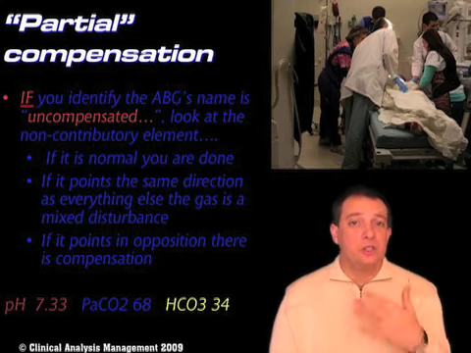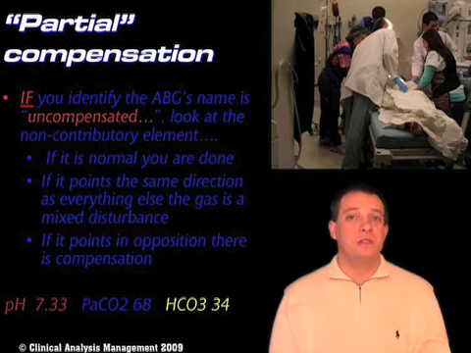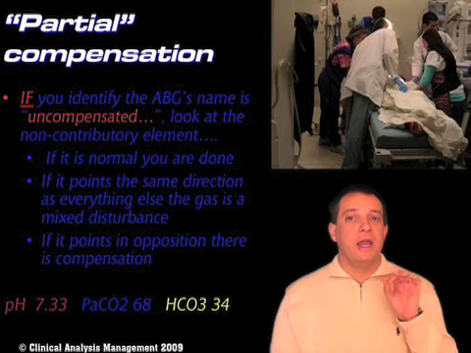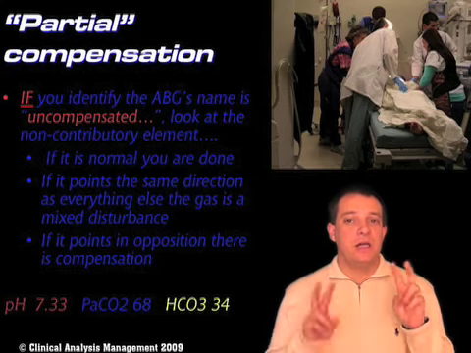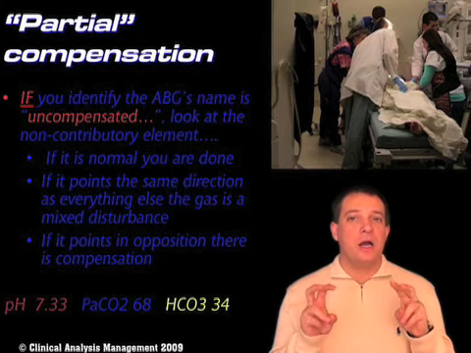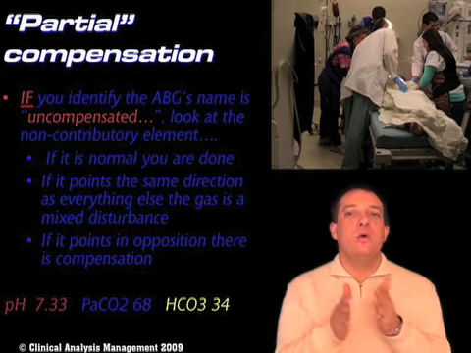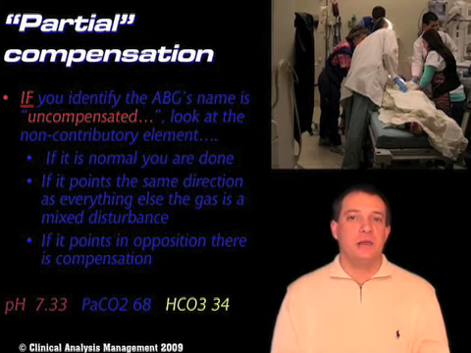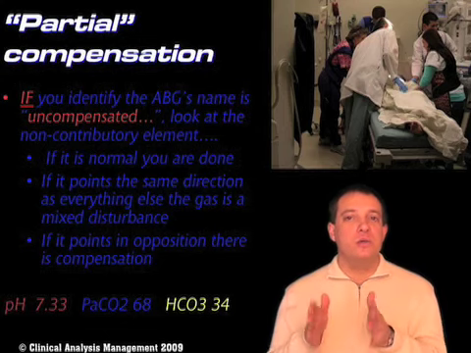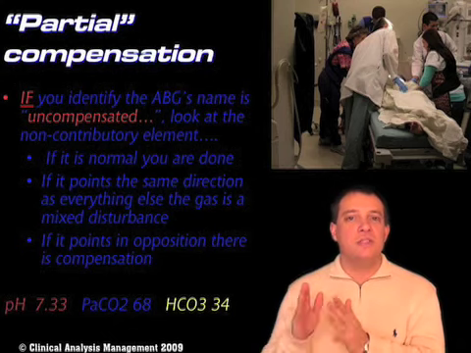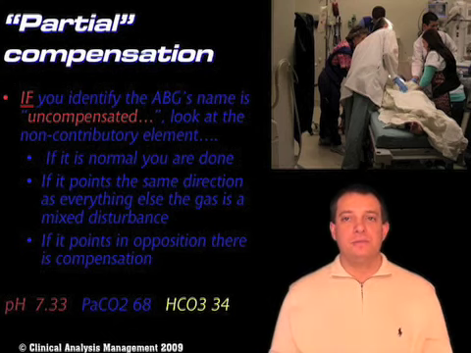So they will have a partially compensated respiratory acidosis, and the treatment for that is going to be a little bit different. So it's really important that we identify, in the patient who initially has an uncompensated disturbance, is it truly uncompensated or is it partially compensated? And again, to do that, all we have to do is look at whichever number did not match the pH and ask ourselves, is it going in the opposite direction?